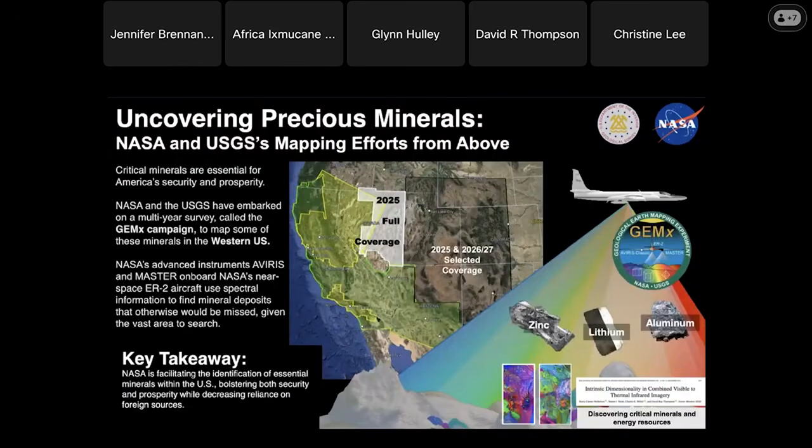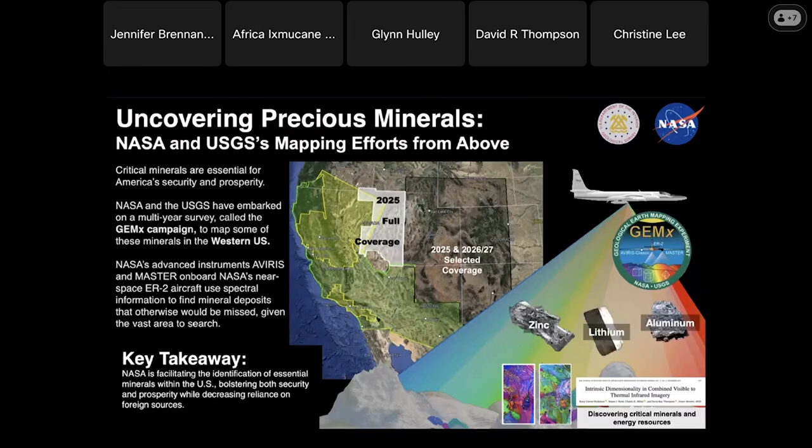And then starting to wrap up, I mentioned previously that ECOSTRESS could be used to support critical mineral mapping. And this is even more so the case when thermal and imaging spectroscopy in the visible to shortwave infrared are considered together.